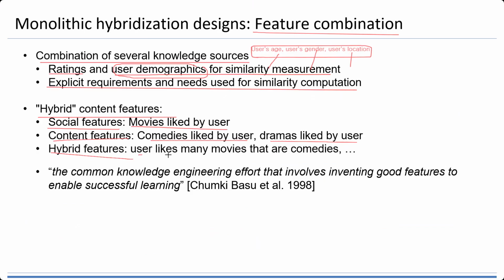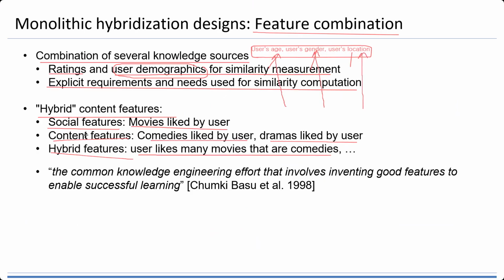So we want to find users who like many movies that are comedies. If the users like comedies, we can group the users who like comedies, and we can take a look at the profile, who the users are, whether they are male or female, and where the location is.